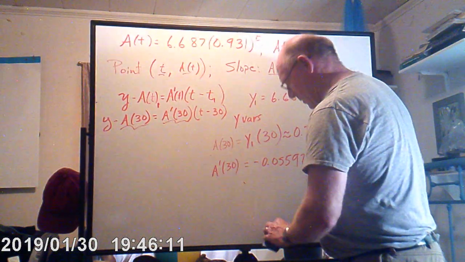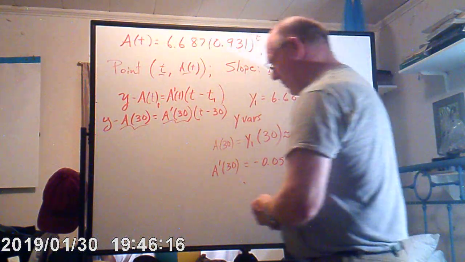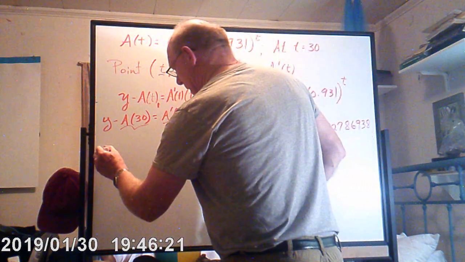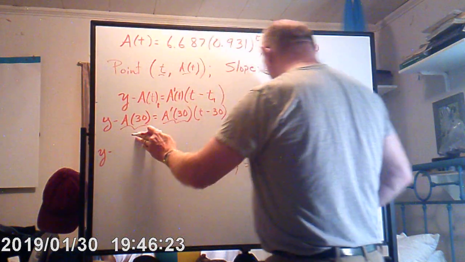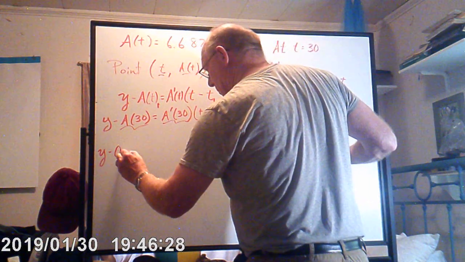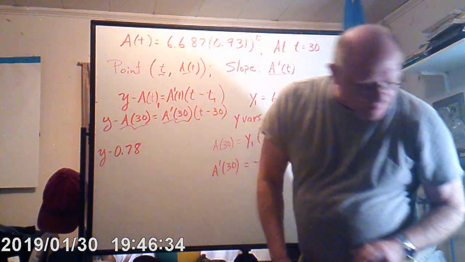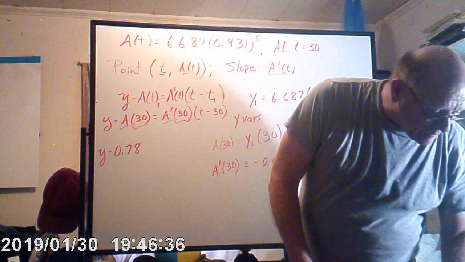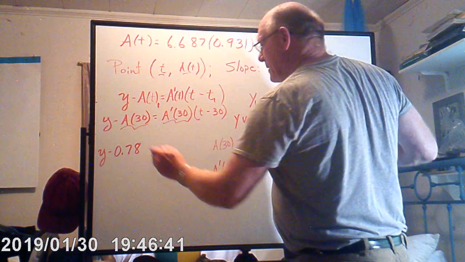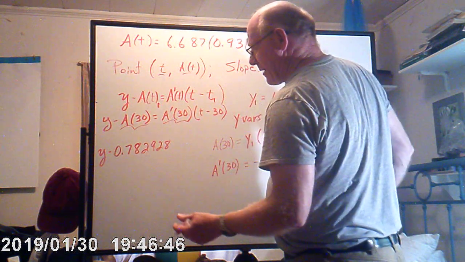Okay, so let me put that into the equation here. Let's see if we don't have enough room. We may have to flip this over. So let's see. Y minus, and all of this right here, 0.782. I don't know how far out they go. They go on out to 82928. Actually, you can get the exact value.